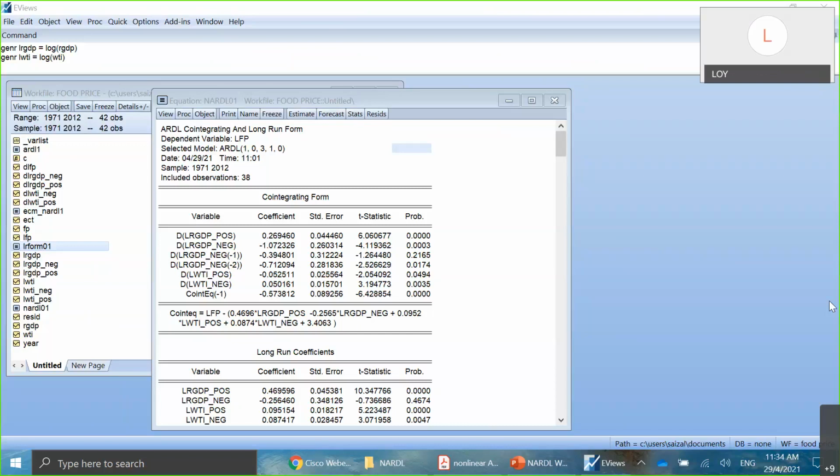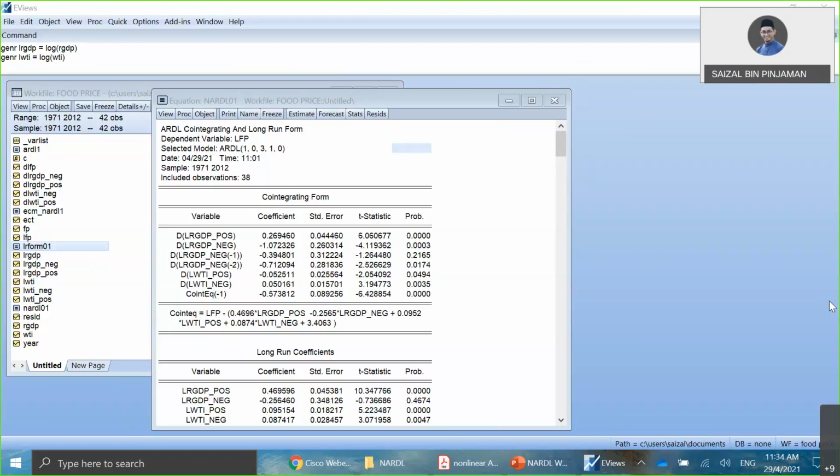So basically, this ARDL model is a type of co-integration model. Remember, co-integration model is used to study the long-run relationship between the variables. One of the methods of conducting the co-integration analysis is through the ARDL model itself.